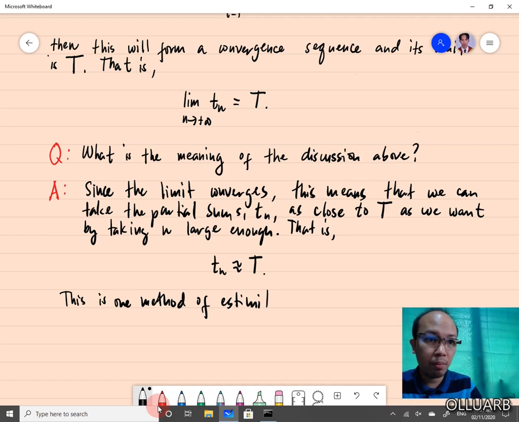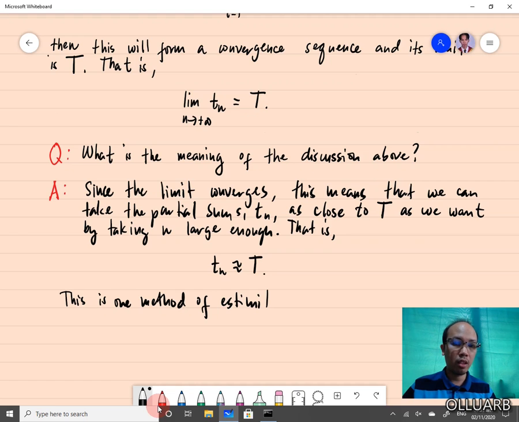And as I've said before, with respect to the geometric and the telescoping sums, we can get the actual sum of that series.